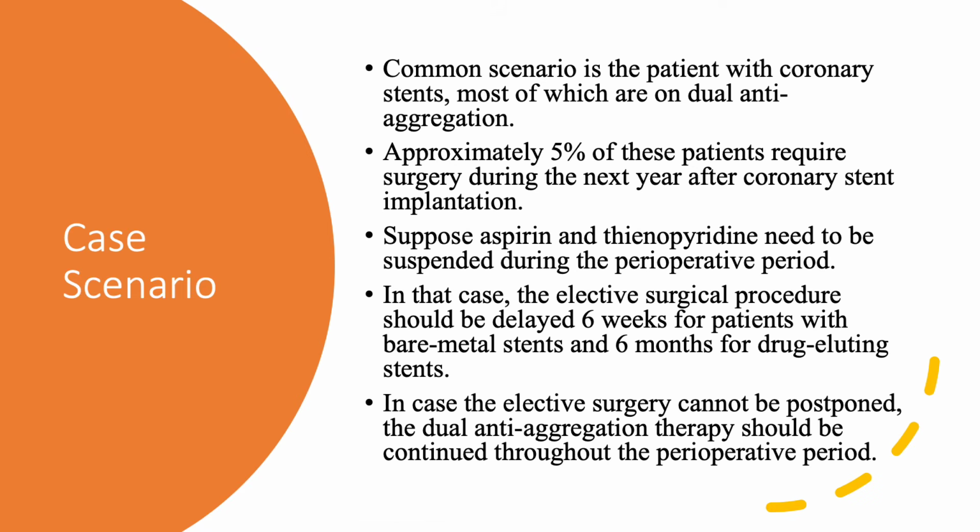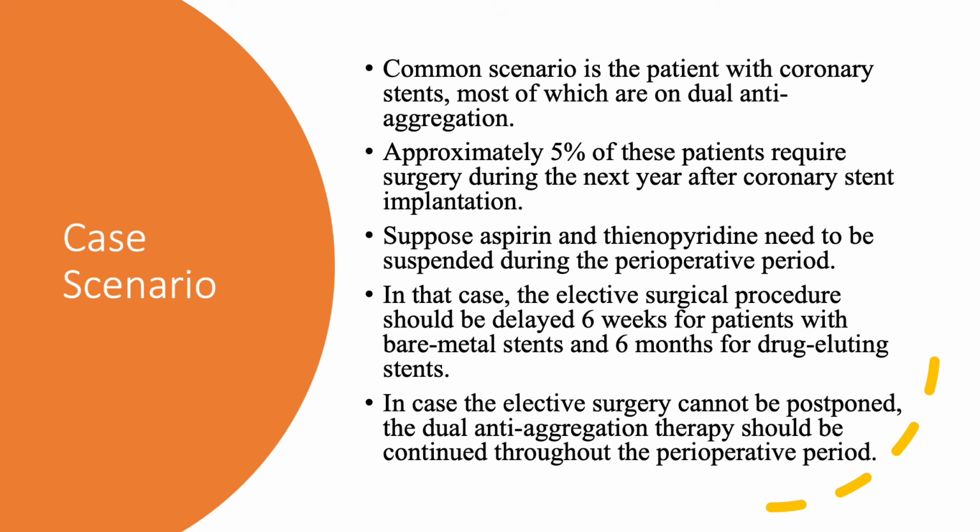Let's take a case scenario. A common scenario is a patient with coronary stents, most of whom are on dual anti-aggregation drugs. Approximately 5% of these patients require surgery during the next year after coronary stent implantation. Suppose aspirin and thienopyridine need to be suspended during the perioperative period.